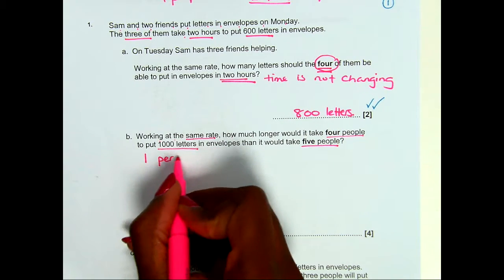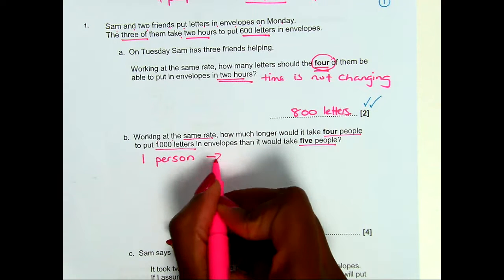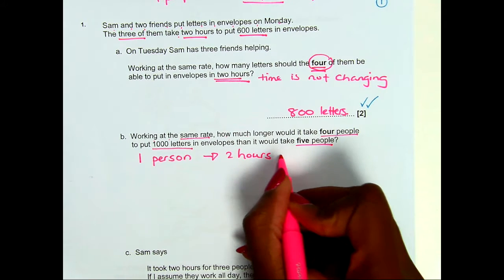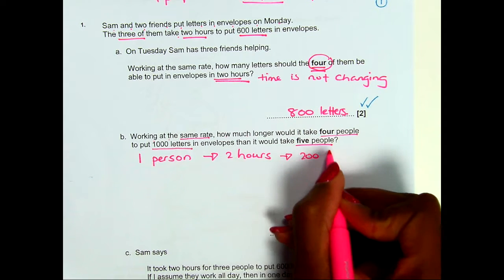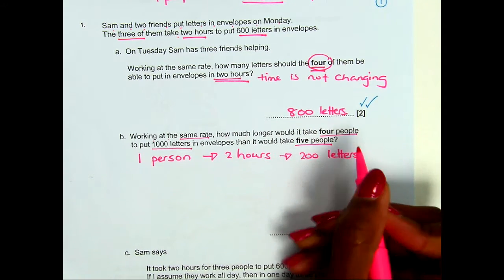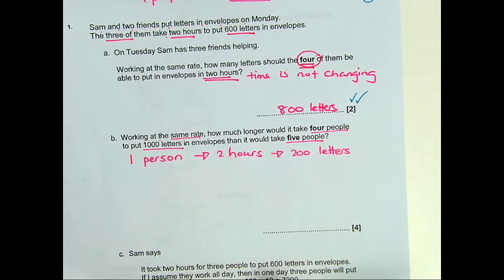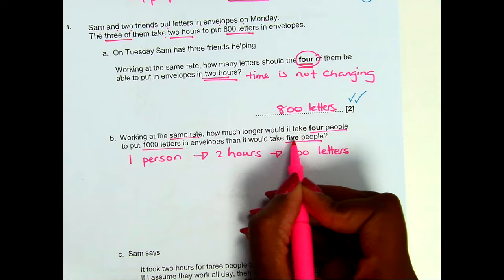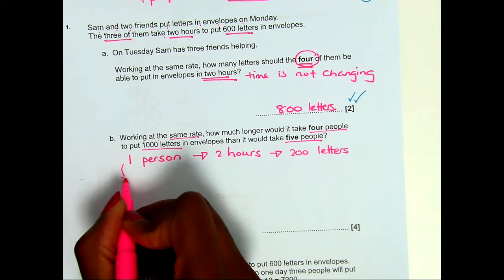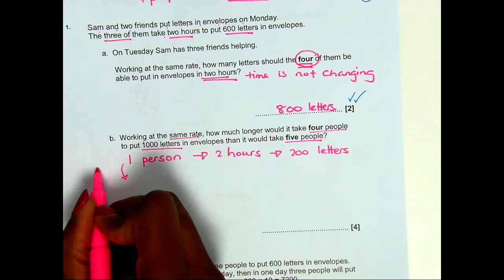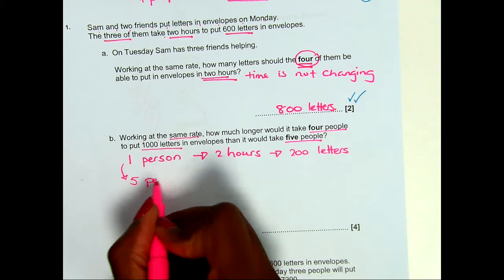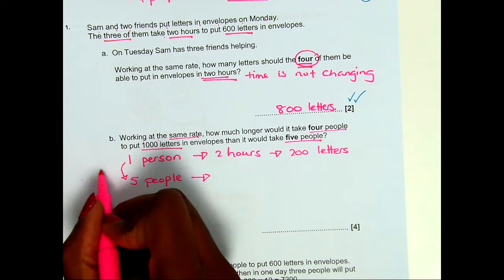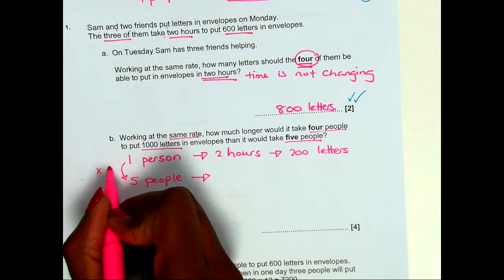So 1 person takes 2 hours to distribute 200 letters. Okay. Now if I want to go from 1 person to 5 people, we know that you are going to times by 5.